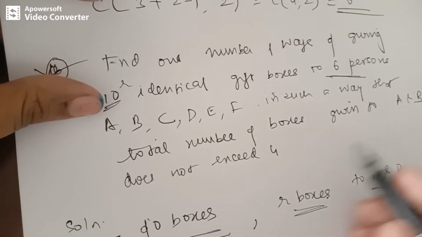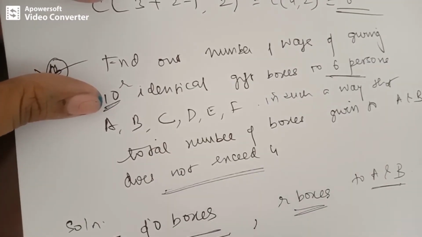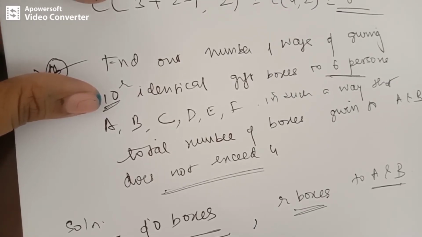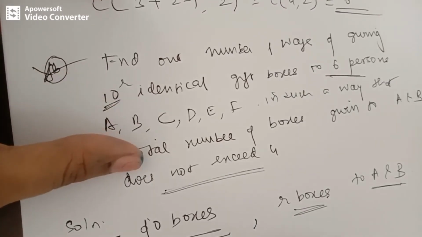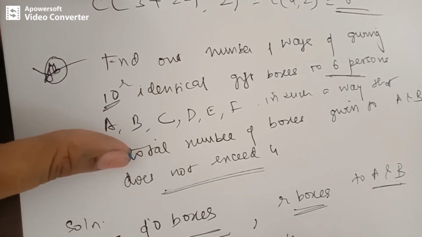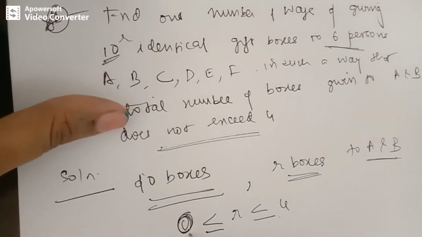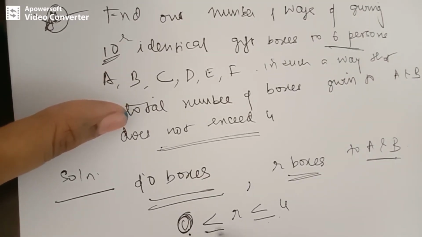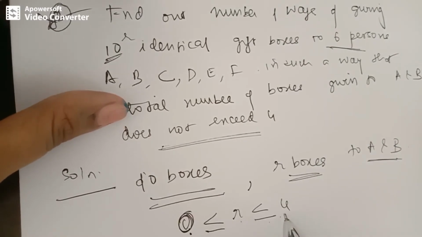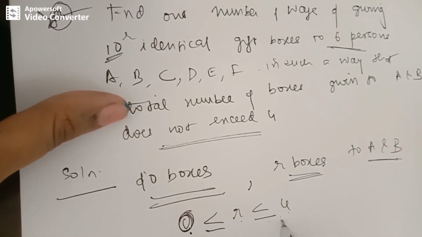The condition is it should not exceed 4, so r ranges from 0 to 4, maximum 4. You can give either 0 boxes to A and B, 1, 2, 3, or at the max 4 boxes. So this is the condition.